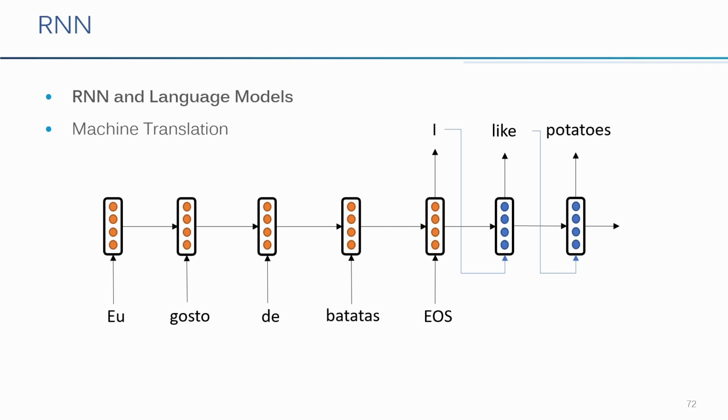Oh yeah, machine translation, we'll see that later on when we talk about this architecture, sequence to sequence, in a way that we're going to have something encoding a given sentence and then decoding that sentence with whatever target that we have. It uses pretty much two RNNs. In this case, we're saying eu gosto de batatas, and then we have an end of sentence token, and I know that when I process this, it means that my target sentence is coming.